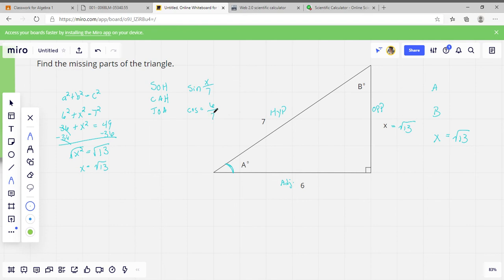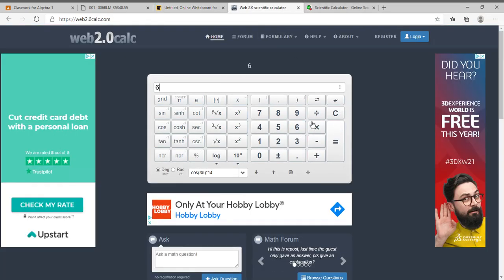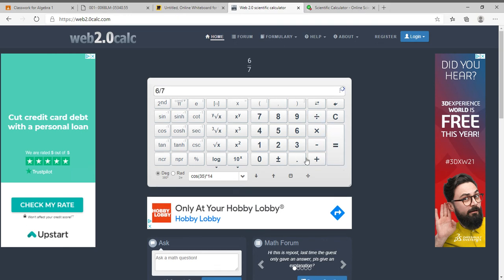Okay, so we can figure it out now. It's 6 divided by 7 is our cosine. So we're going to go on here and we're going to say 6 divided by 7, 0.857, blah, blah, blah. But we need the inverse of that. So that is the cosine. So we need the inverse cosine.